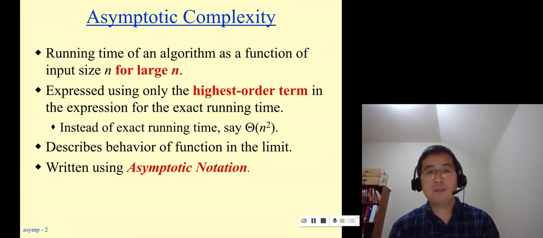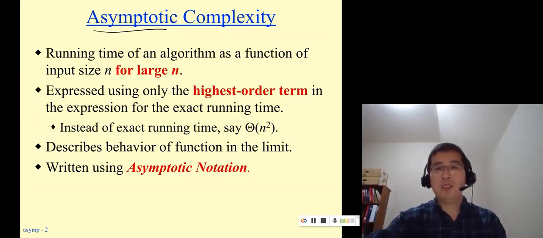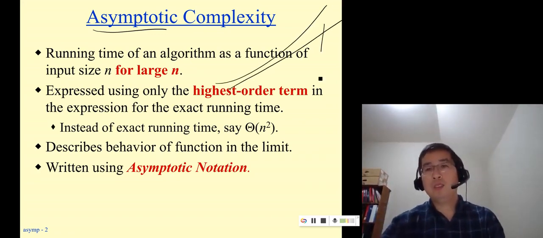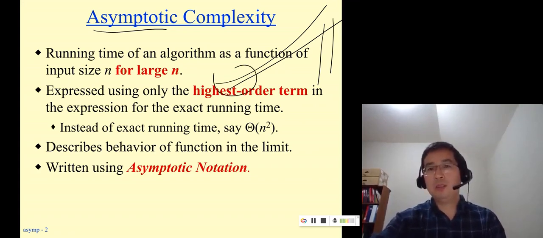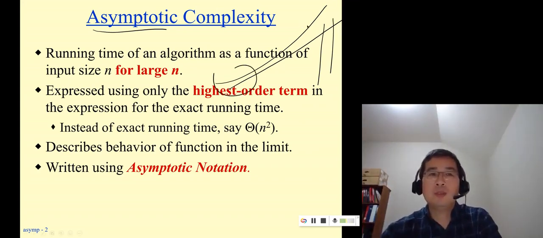That's why we call it asymptotic. Usually our only concern is when n is big, not the smaller n. Whether it's close to some trend or it is bounded by something, this is the reason for asymptotic complexity.